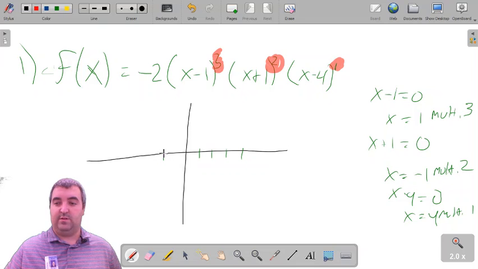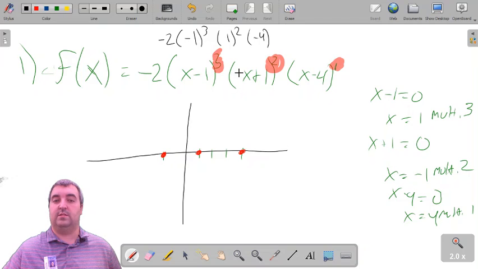And we have a point at 1, negative 1, and 4. So there's that one, and there's that one. Now the other thing we should find is the y-intercept. So we just set x equal to 0. You're going to get negative 2 times negative 1 cubed, times 1 squared, times negative 4 to the first.